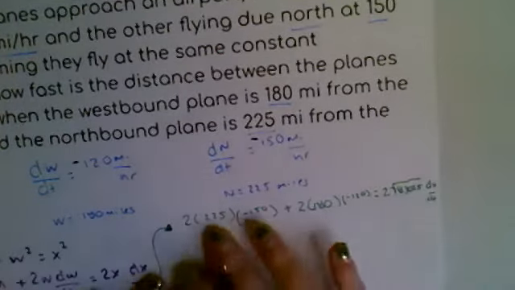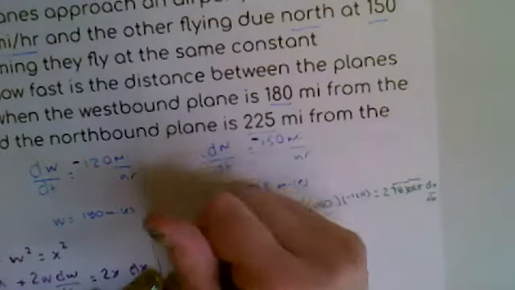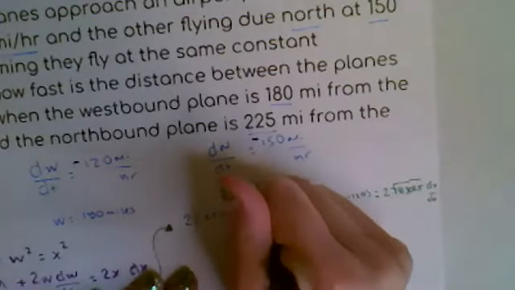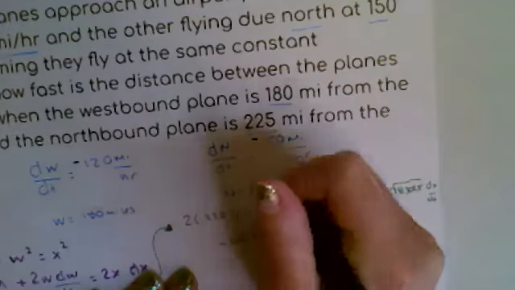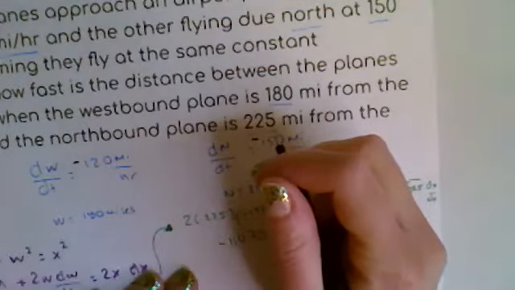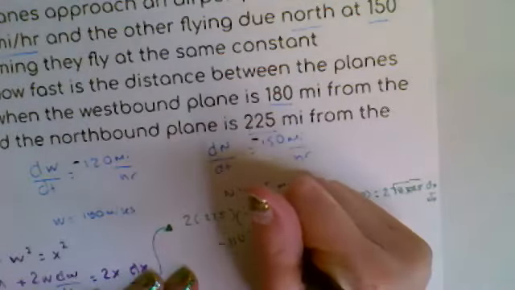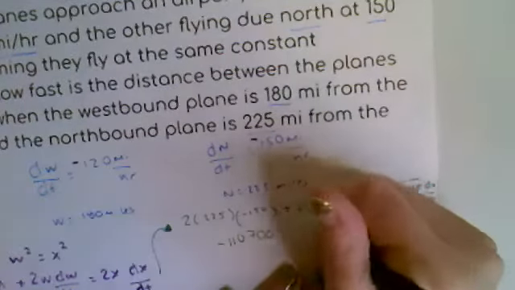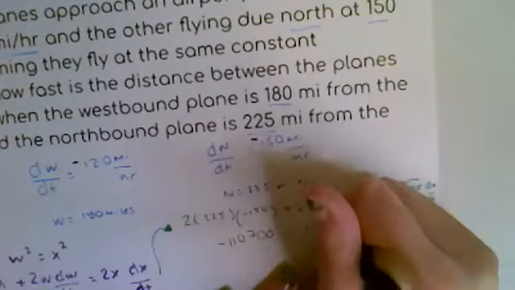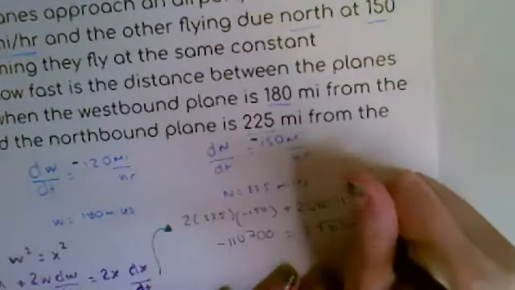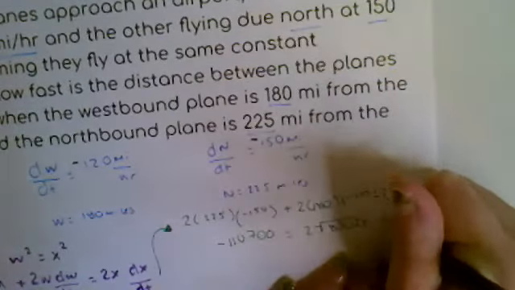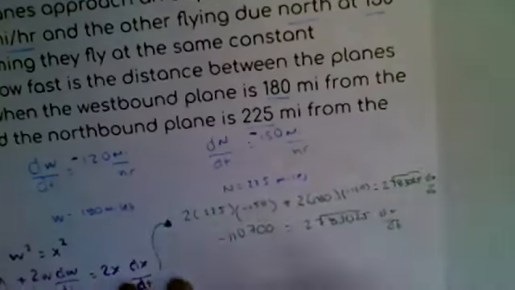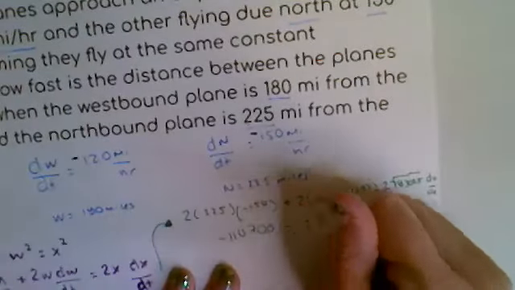So if I take care of this whole left side, I'm going to get negative 110,700 equals this x dt. And then I'm going to divide by that.